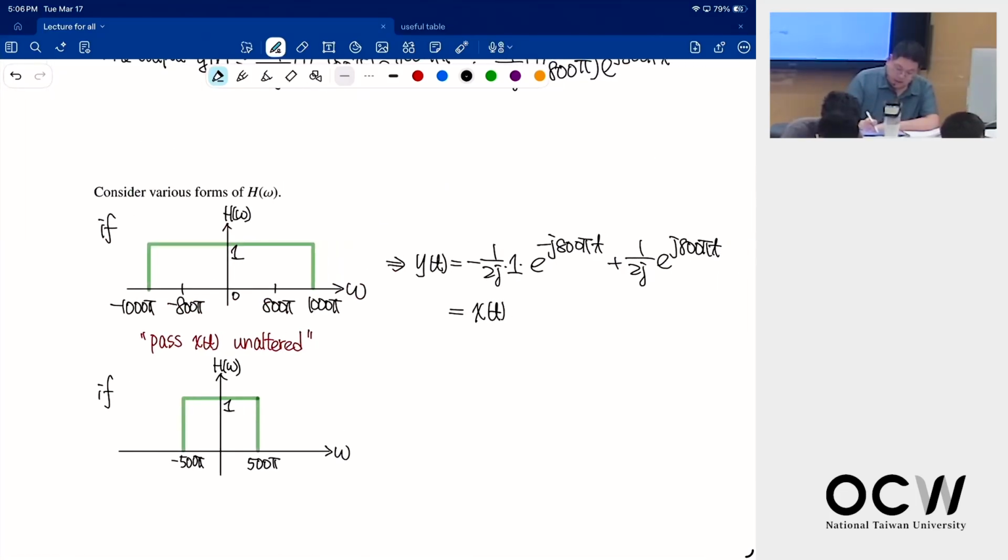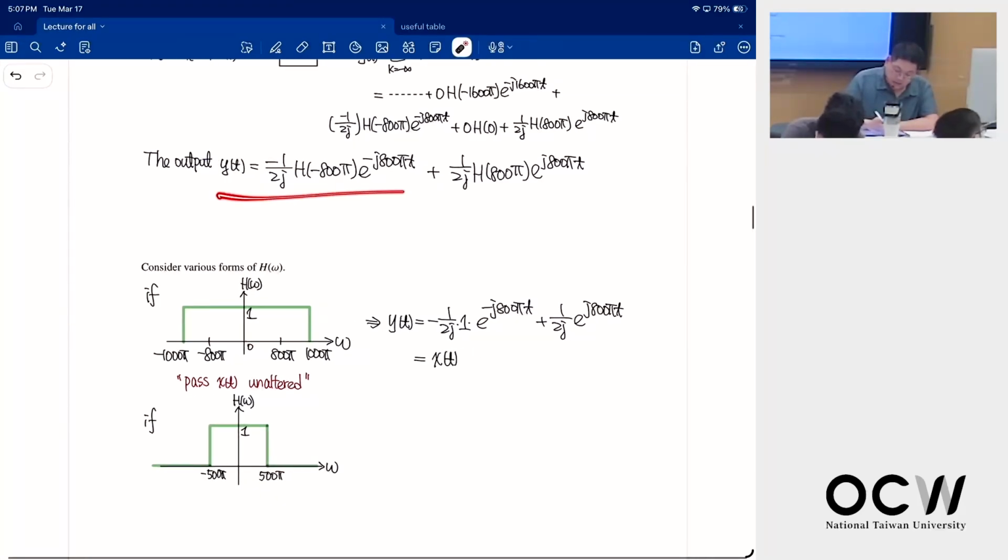Otherwise, they're all 0. Then what is the output?